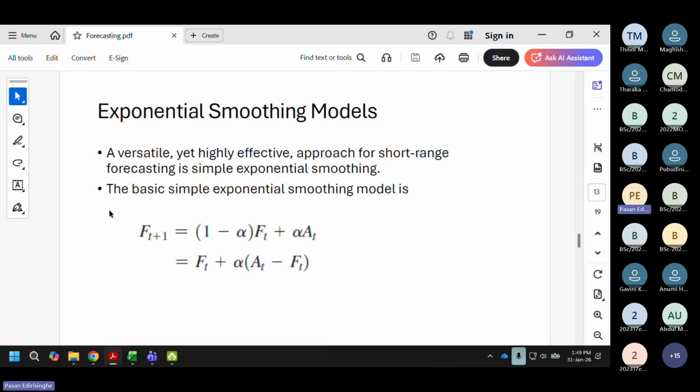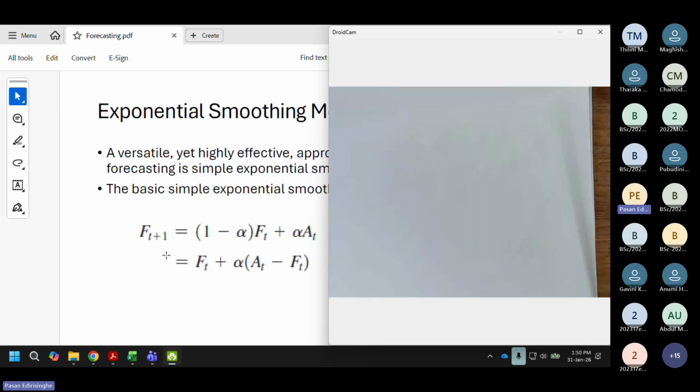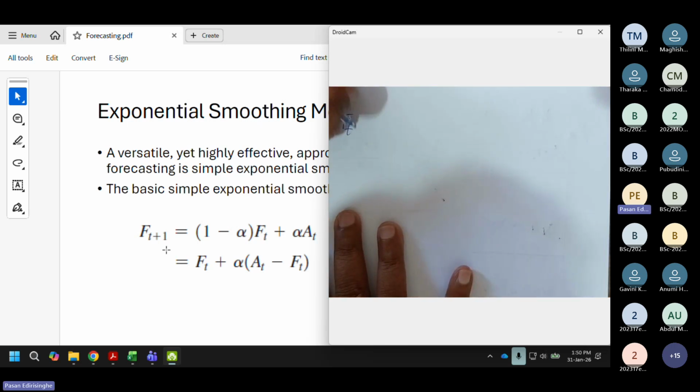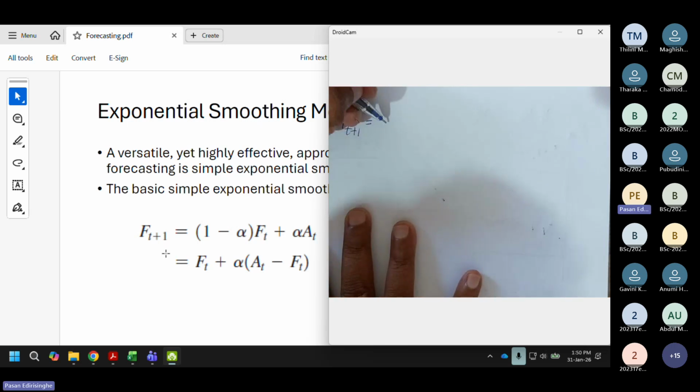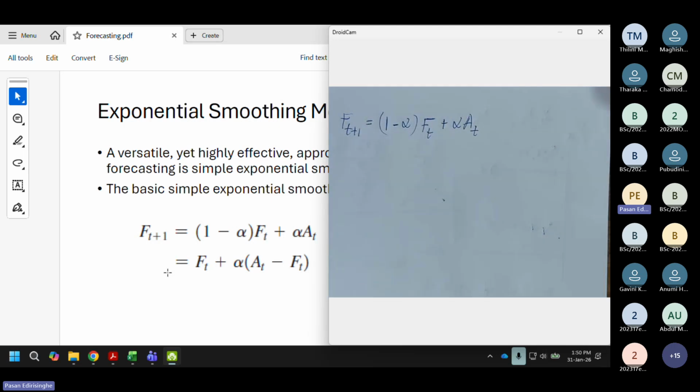Now let's look at this formula in terms of the smoothing technique. If I take this formula, F t plus 1 equals (1 minus alpha) F t plus alpha Y t, that's one way to write down this smoothing formula.